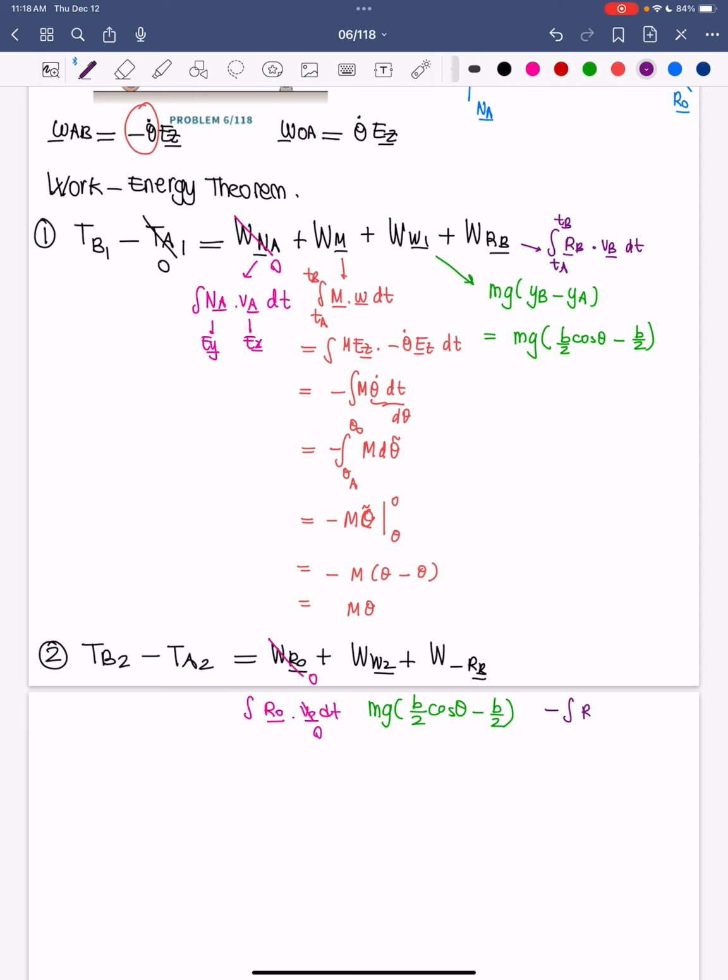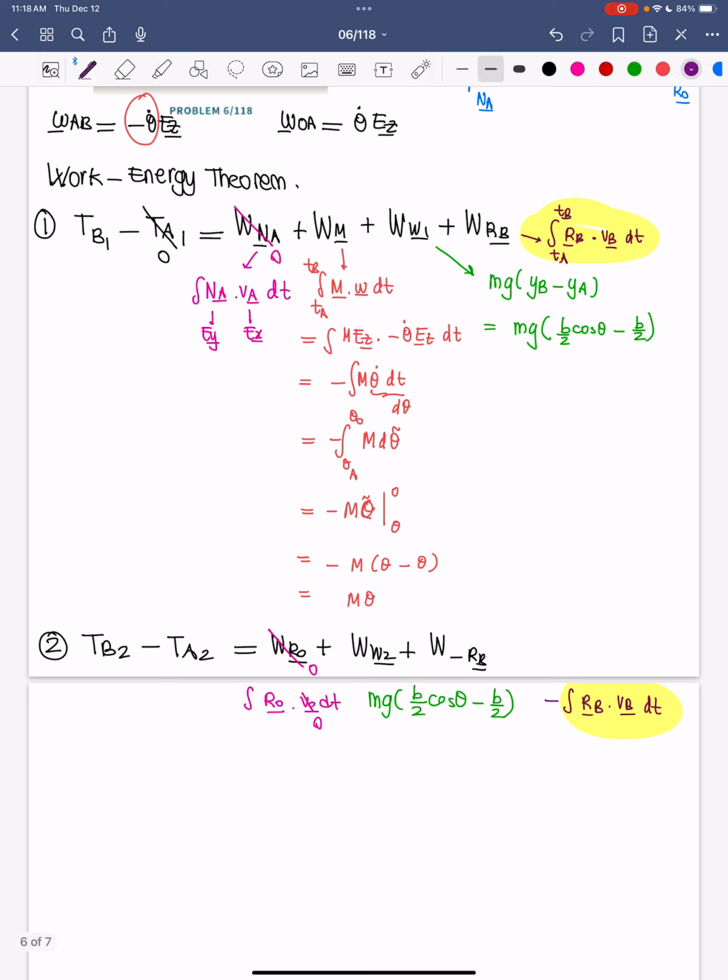Minus integral of RB dot VB dt, so these two terms are the same. So when I sum the two work energy theorems, these two terms cancel out, which is awesome because I didn't know them, they were unknown.